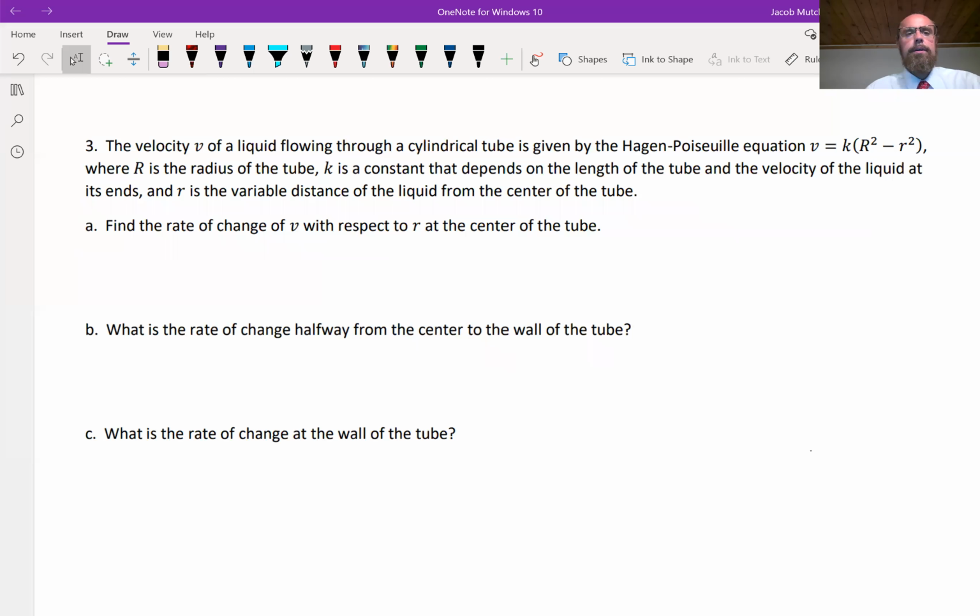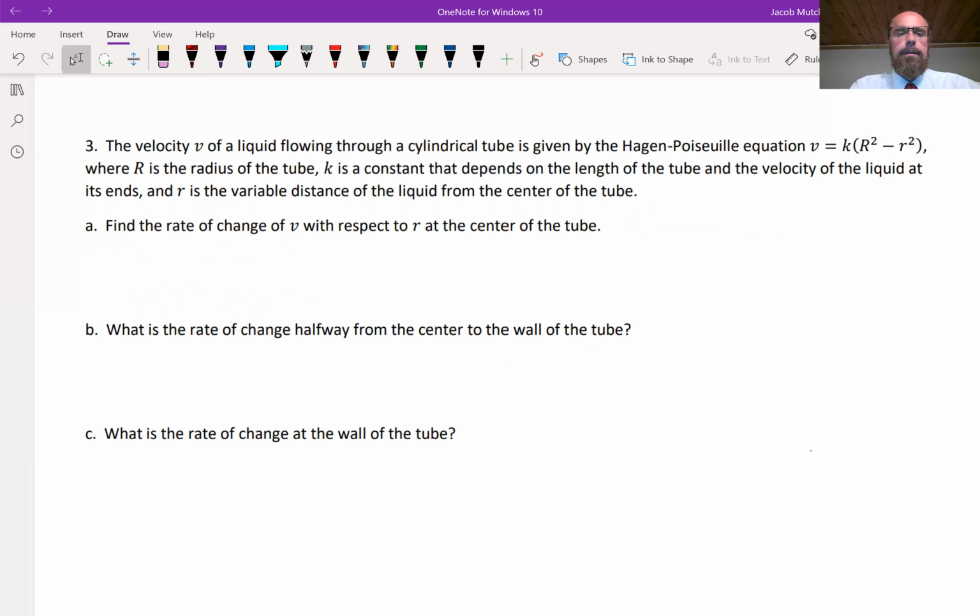So this scenario has to do with the velocity v of a liquid flowing through a cylindrical tube. It's given by the Hagen-Poiseuille equation. Velocity equals k times quantity large R squared, they'll tell us in a moment, large R is the radius of the tube, minus little r squared.